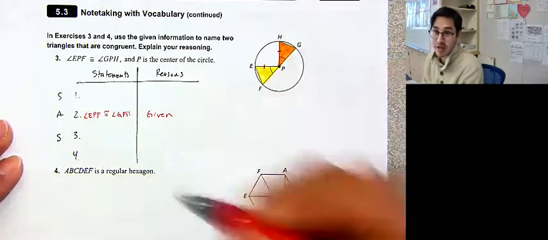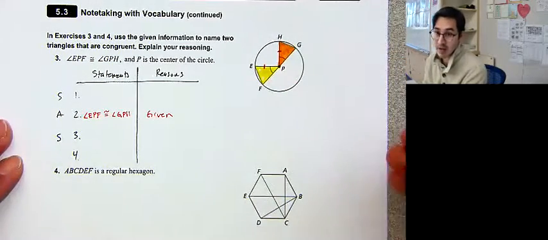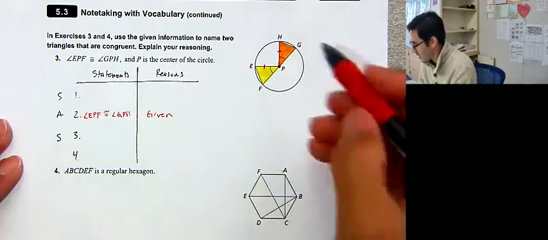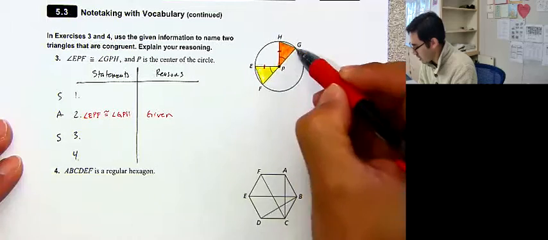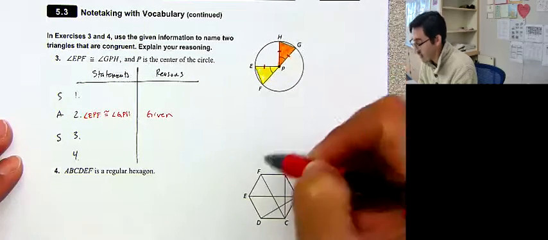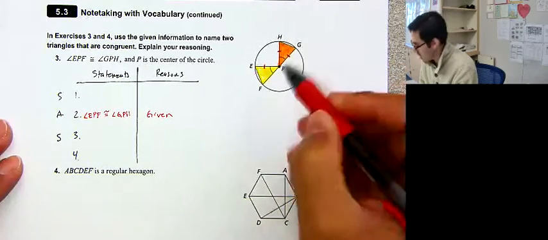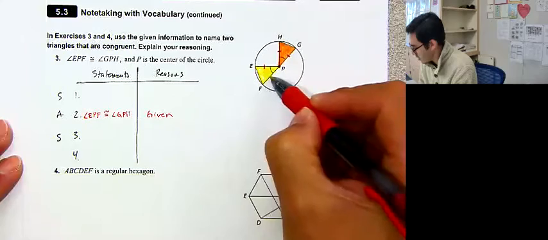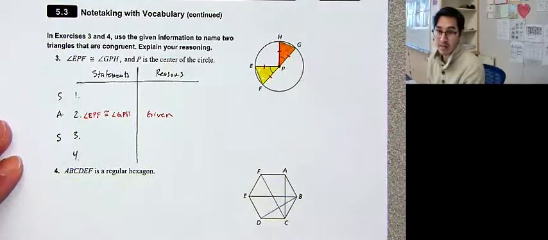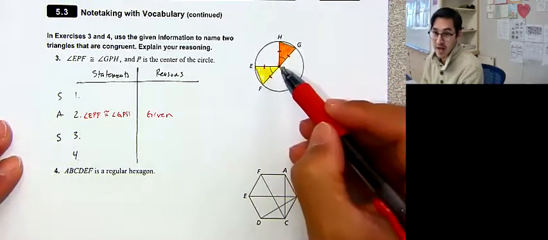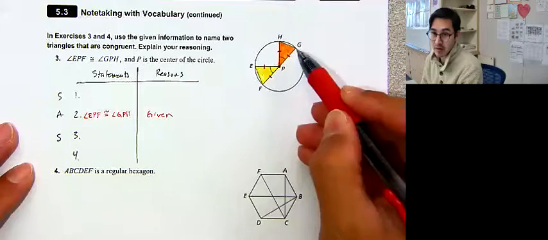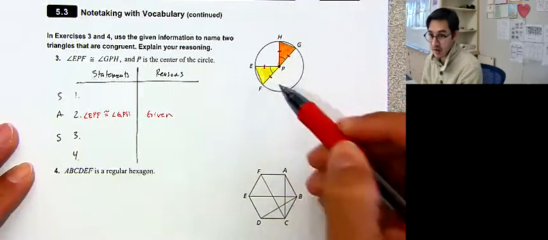So since they're both radii, they're going to have the same length. The segment from P to G is also a radius, and so is the segment PF. Any segment that starts at P and goes to the circumference of the circle is going to be the same length.